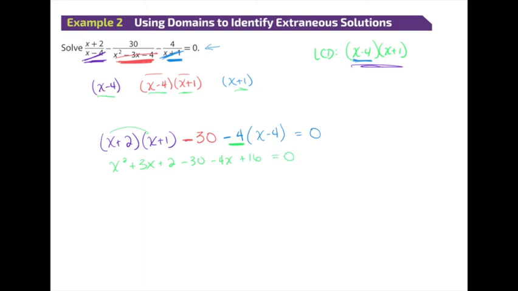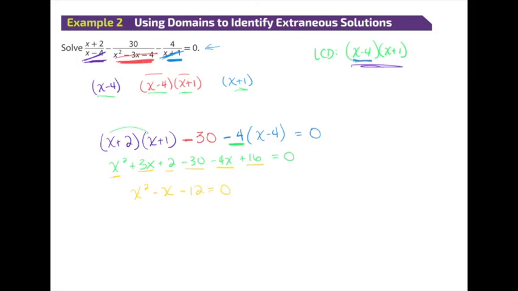And then, of course, you want to combine any like terms that you have. They have x squared. He doesn't have anything to combine with. Positive 3 and negative 4 give us just a negative x. All right. And then we have a positive 2, a negative 30, and a positive 16. That is going to be a negative 12.